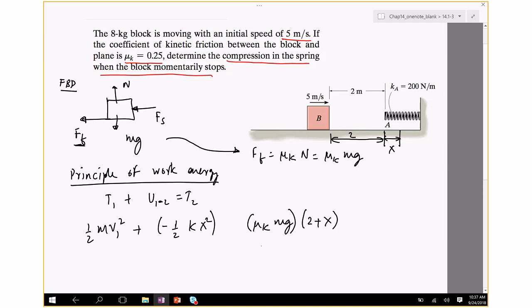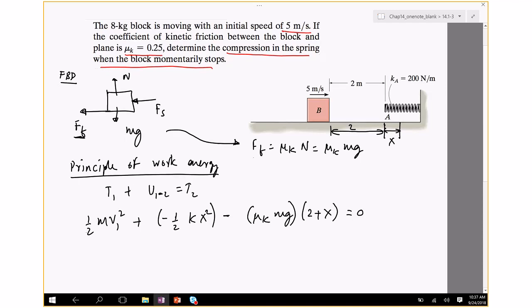Now the force is to the left, the displacement is to the right. In this case, the work done by friction is negative, equals 0.